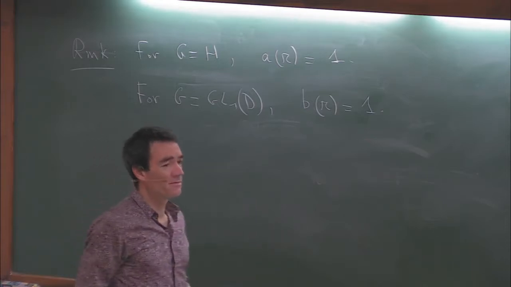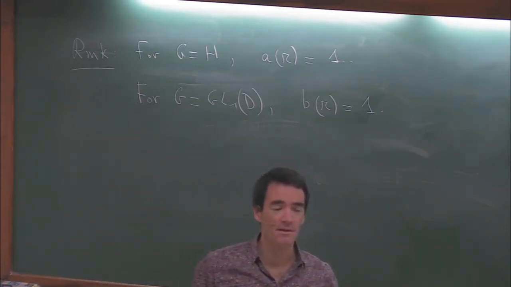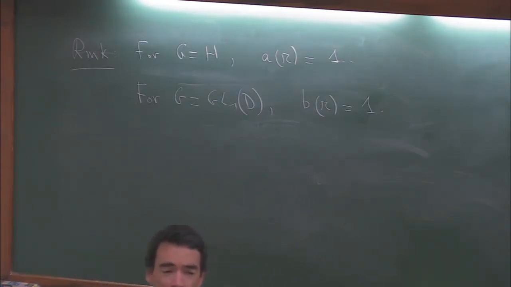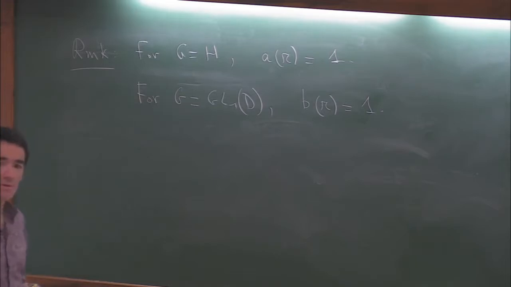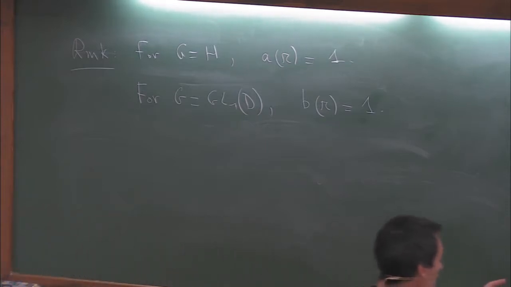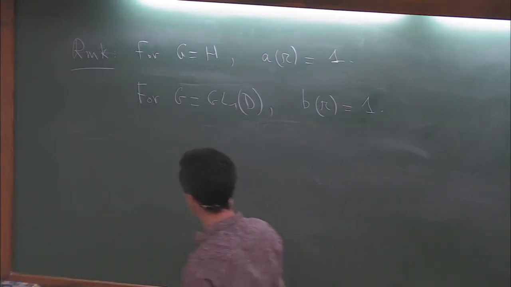So if you consider a and b independently, they won't be invariant under the Jacquet-Langlands correspondence, but the crucial fact is that their product, a times b, will be invariant under the Jacquet-Langlands correspondence.